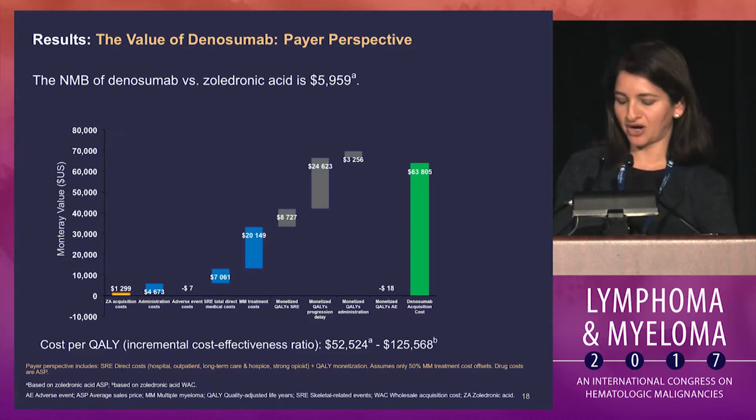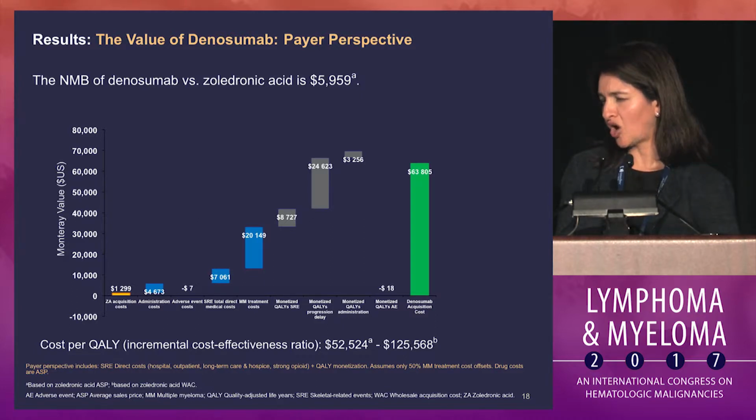This is just the sticker price of the two drugs, and built into this XGEM model are a whole host of other factors, and these I'm going to highlight here. These include the cost of administration, the cost of adverse events, the cost of the number of SREs, the cost of treatment of a myeloma patient, and the quality-adjusted life years gained with either denosumab or zoledronic acid.